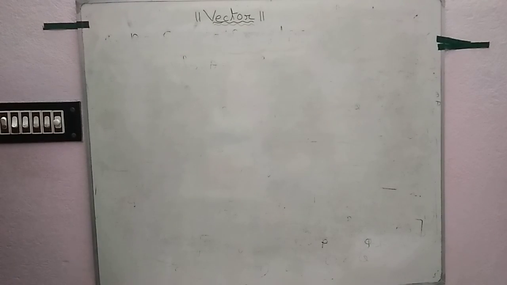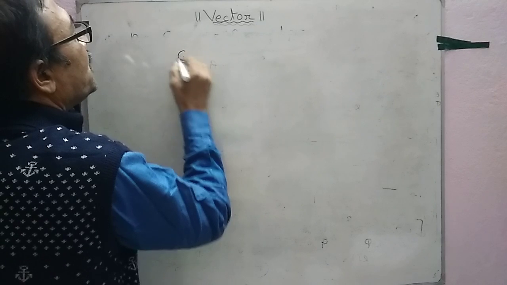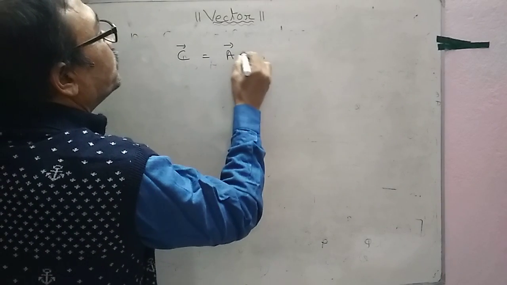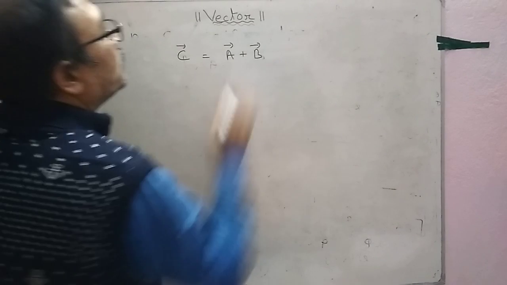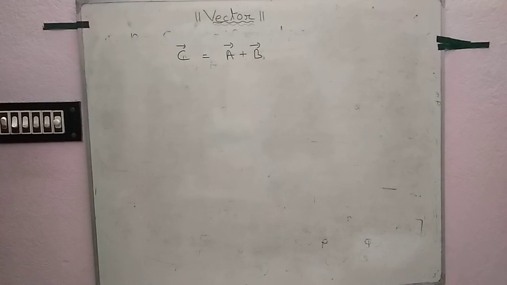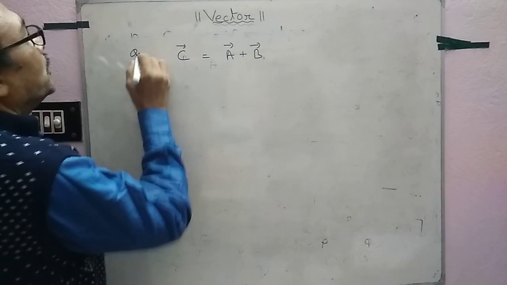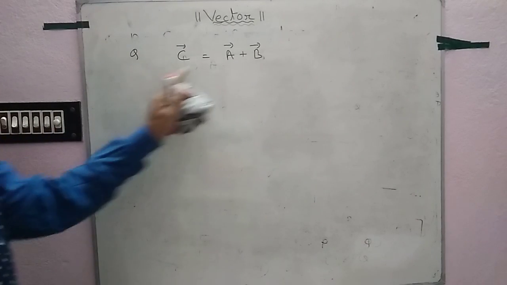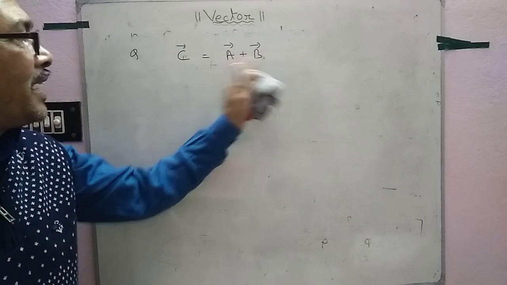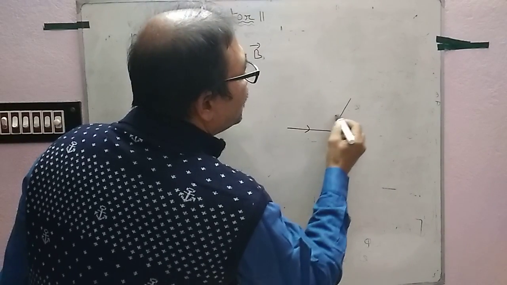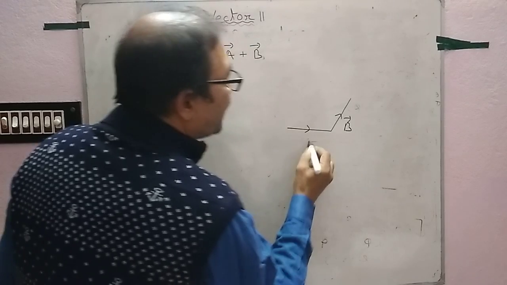Follow. Suppose C is a vector, C equal to A plus B. Then the question, this is the condition: see the resultant vector of A and B vectors. Follow. This is A vector, this is B vector.